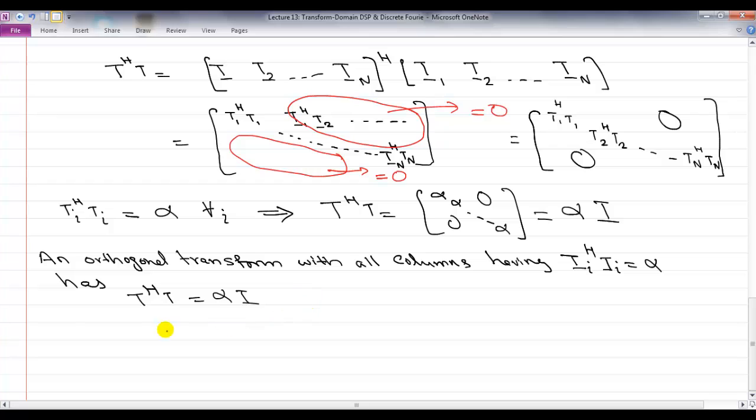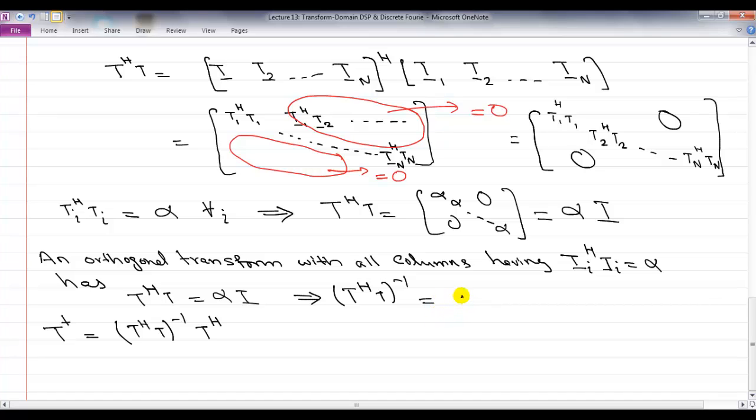Now what was the definition of pseudo-inverse that we need for our synthesis operation? Pseudo-inverse was defined as T Hermitian T inverse times T Hermitian. So if I want to plug in T Hermitian T inverse, that will be the inverse of alpha, because that is a scalar, times the inverse of identity, which is just identity.